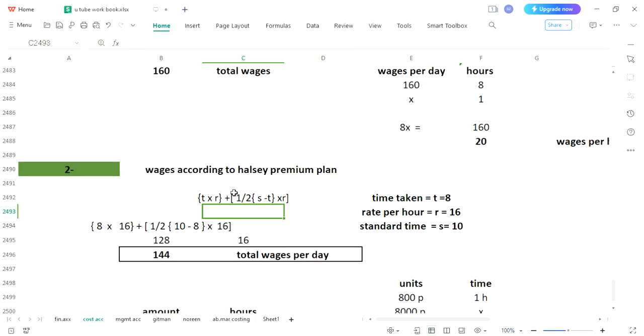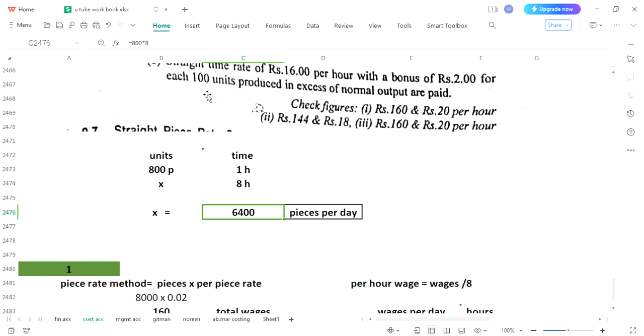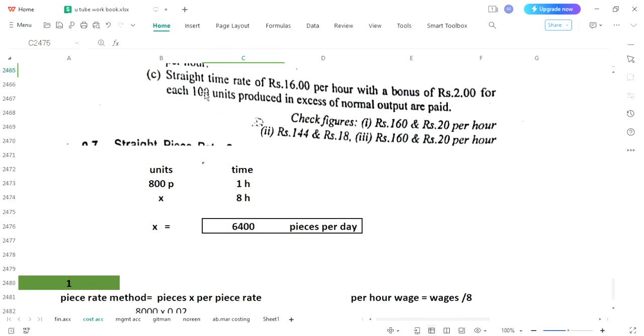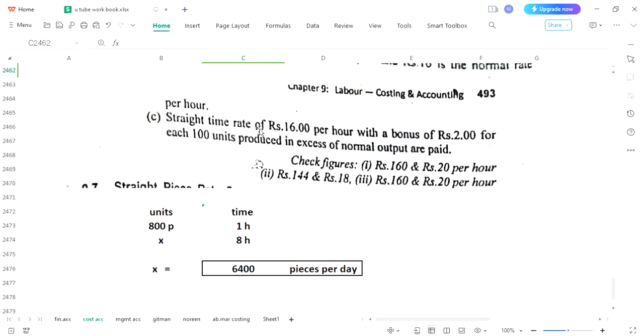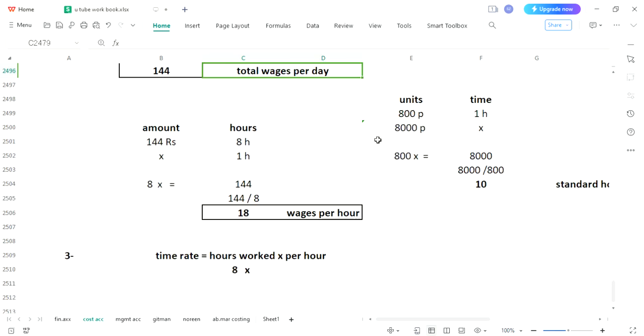Per hour rate was described in your question. Here you can see C part, straight time rate 16 per hour. So you will put per hour as 16. Statement completed. Let's calculate 8 multiplied by 16. This is his normal salary.